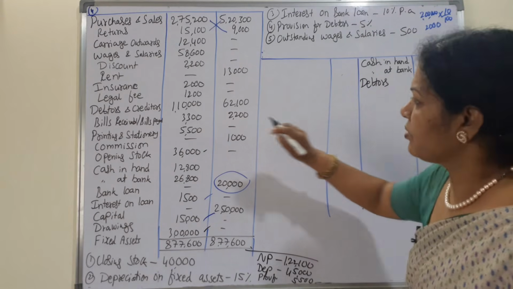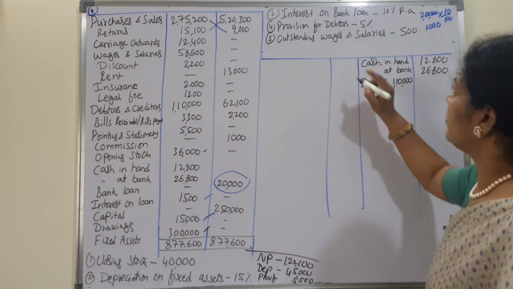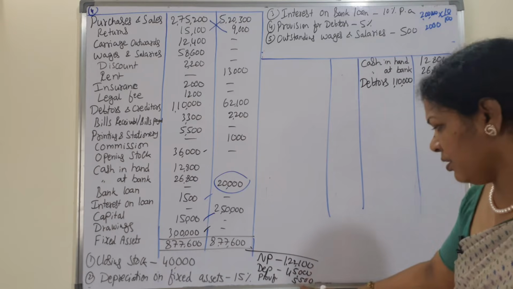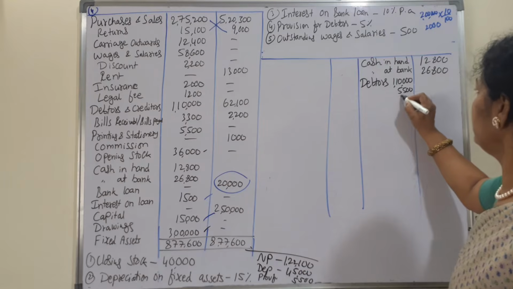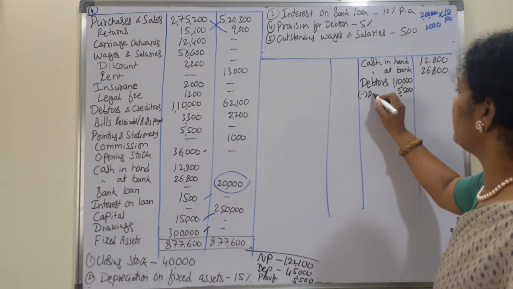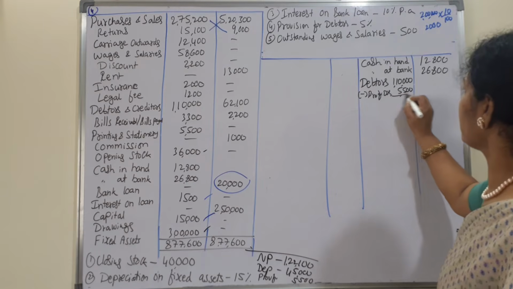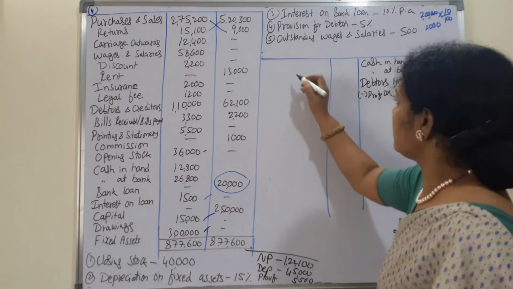Debtors are 1,10,000. Provision for debtors, how much was it? Sorry, it is 5,500 minus provision for debtors. Debtors are over. Creditors 62,100.